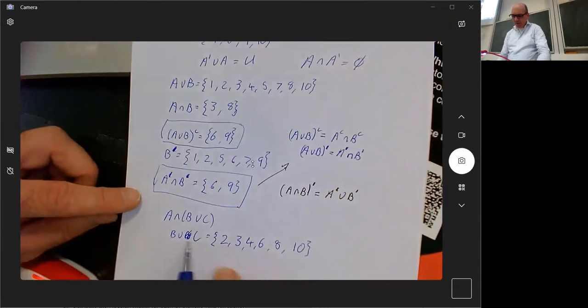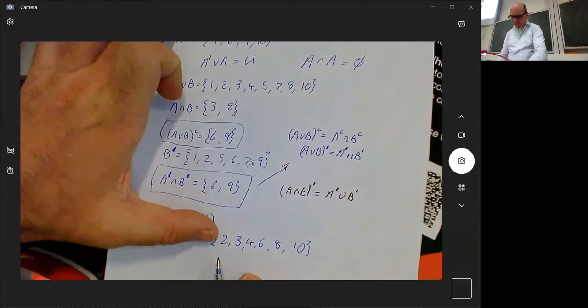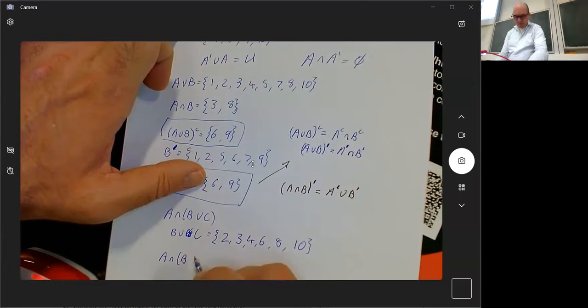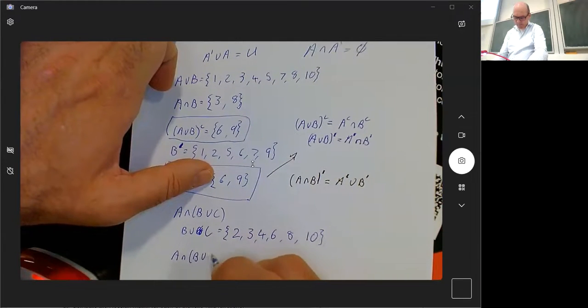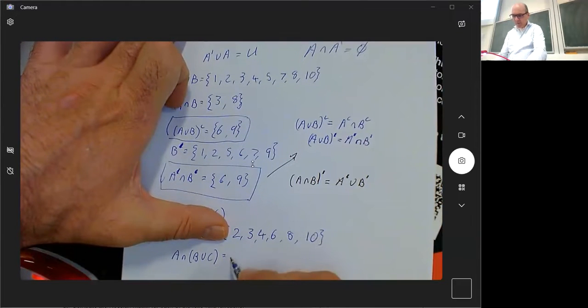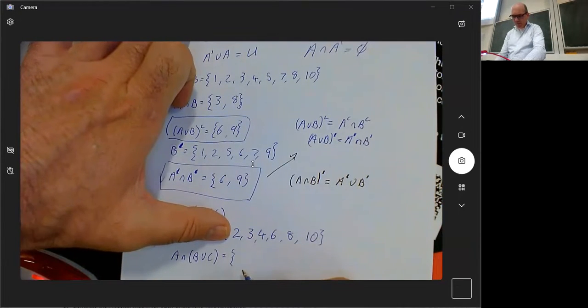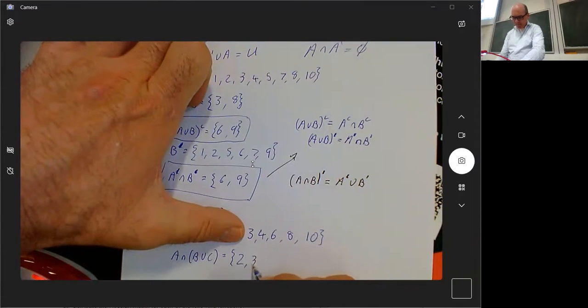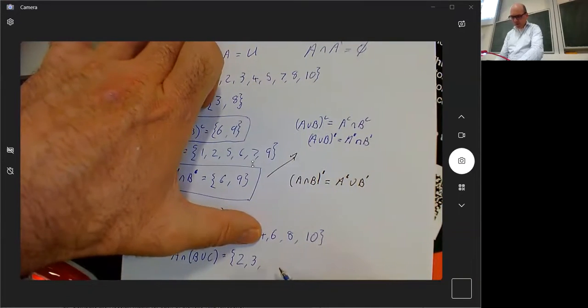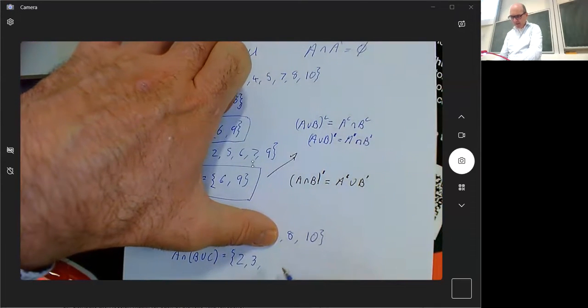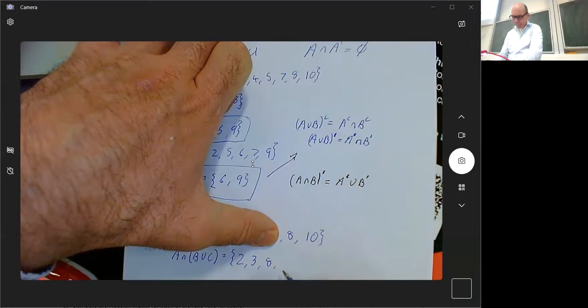Now if I want to do the intersection of this set with A, so A intersection B union C, I want it in both these two sets. 1 is not, but 2 is, 3 is, 4 is in 1, 5 is in 1, 6 is in 1, 7 is in 1, 8 is in both. But that is it.